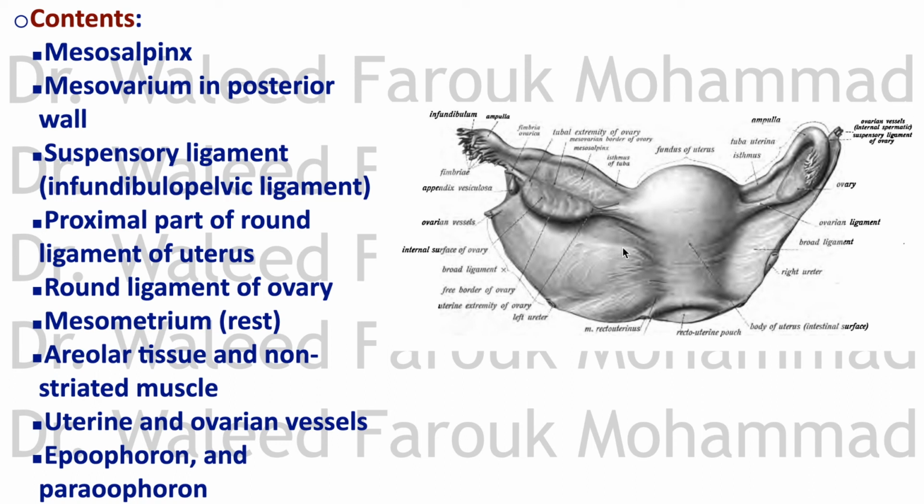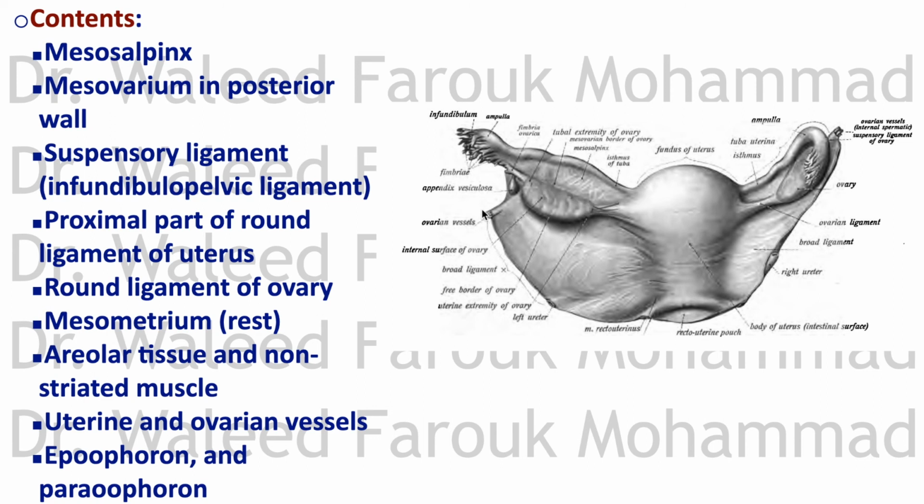Okay, it has the proximal parts of the round ligament of the uterus, the round ligament of the ovary, and the suspensory ligament of the ovary carrying the blood vessels to the ovary. All these are structures within the two layers of the broad ligament. And remember that the mesovarium of the ovary is attached to the posterior layer of the broad ligament.